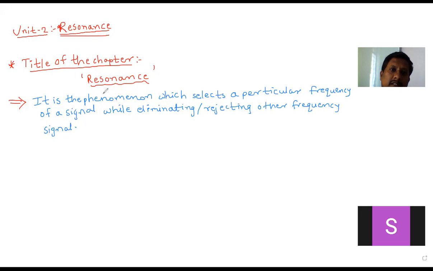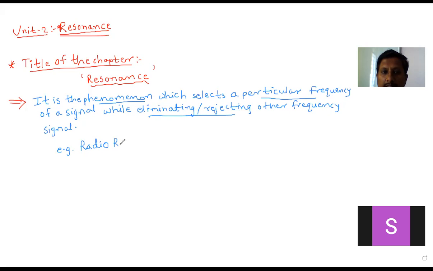So it is an electrical phenomenon which selects a particular frequency, meaning only one value of frequency of a signal, while eliminating or rejecting the other frequency signals. I will give an example: the radio receiver in a communication system.